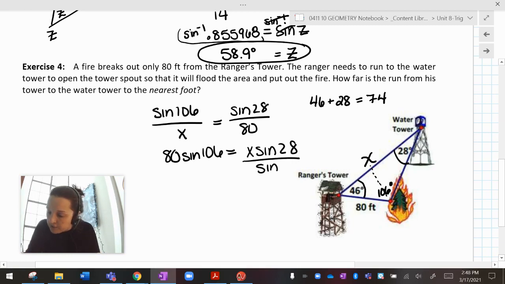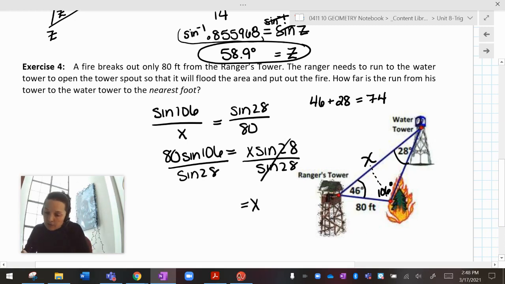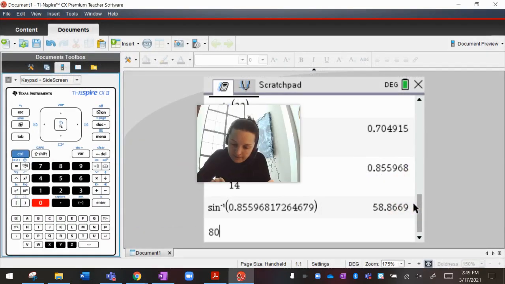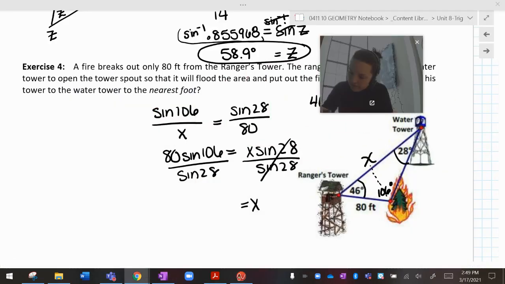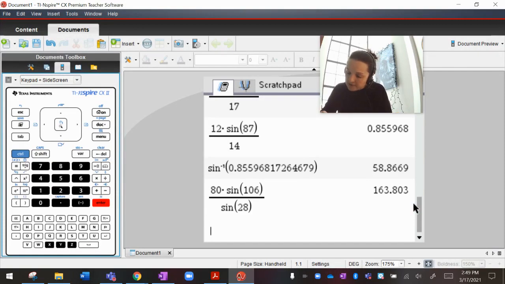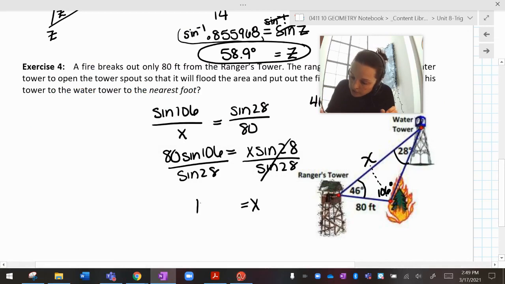Solve for x, so divide. 80 sine 106 divided by sine 28. 80 sine 106 divided by sine 28. 163.8, and it says to the nearest foot, so 164 feet.